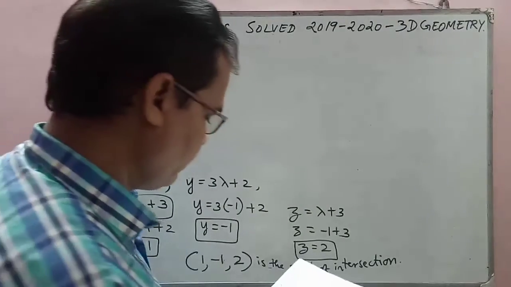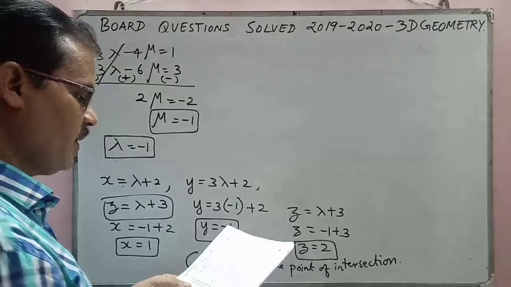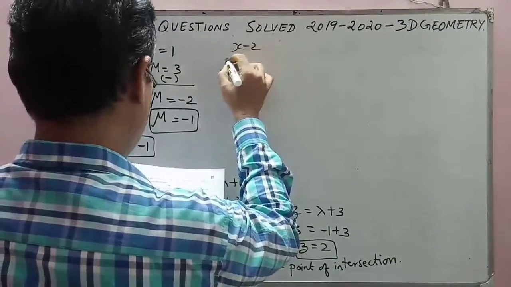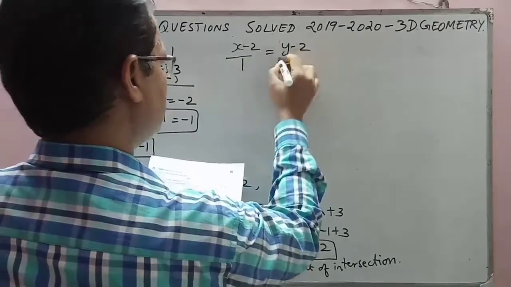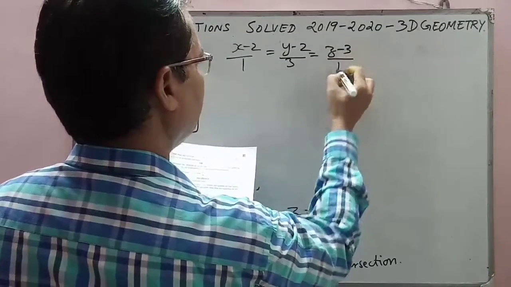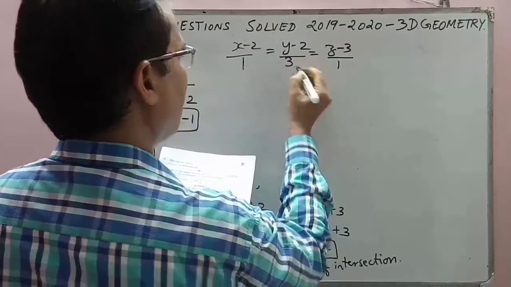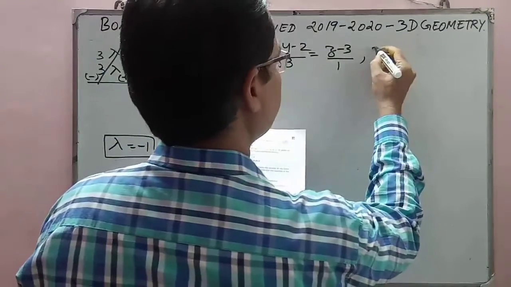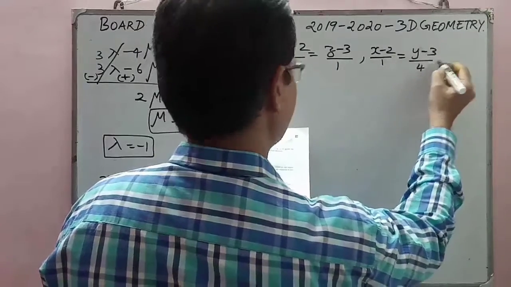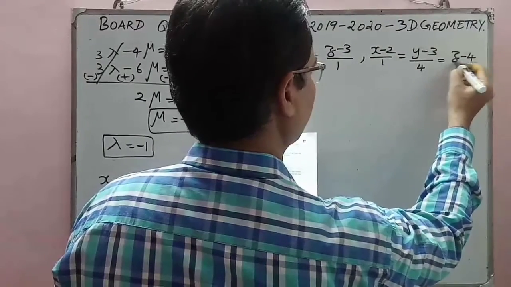The third part, we need to find the equation of the plane containing the two lines. Let me write the equation again. The first line is x minus 2 by 1, y minus 2 by 3, z minus 3 by 1. Second line equation is x minus 2 by 1, y minus 3 by 4, z minus 4 by 2.